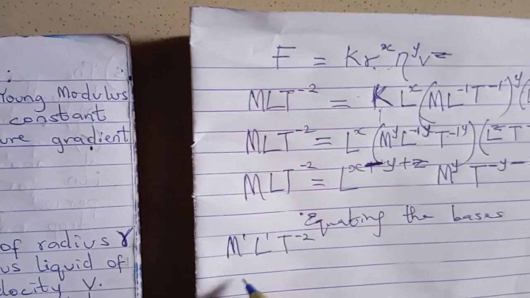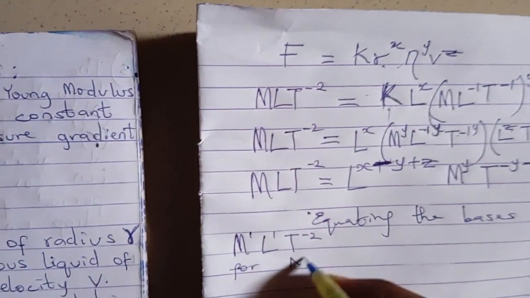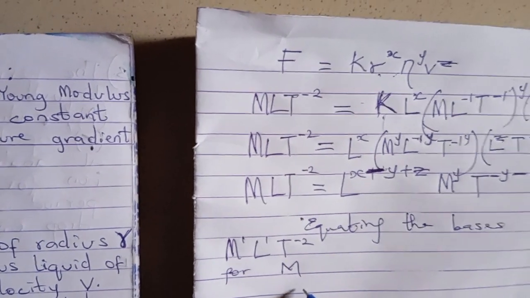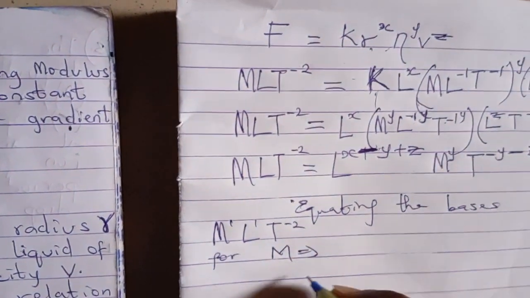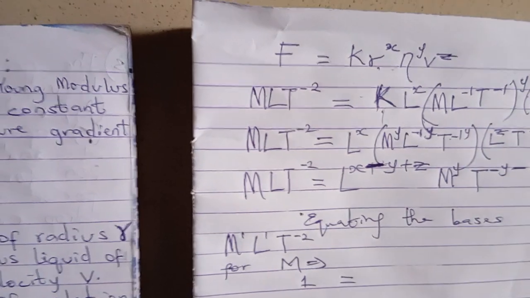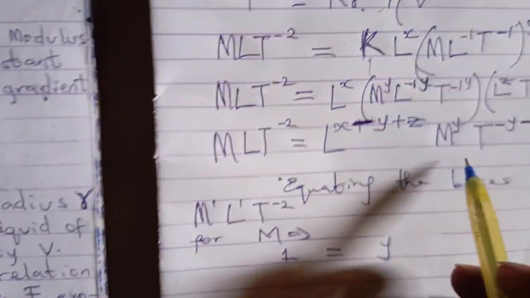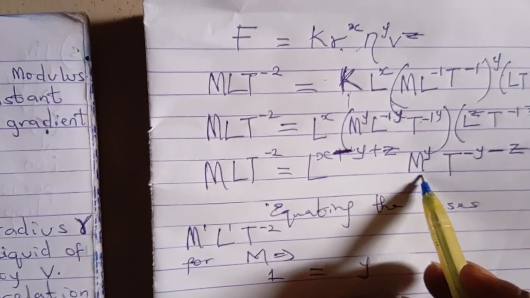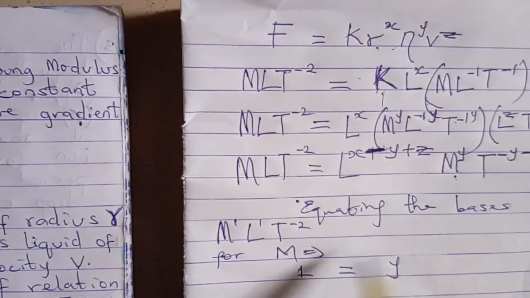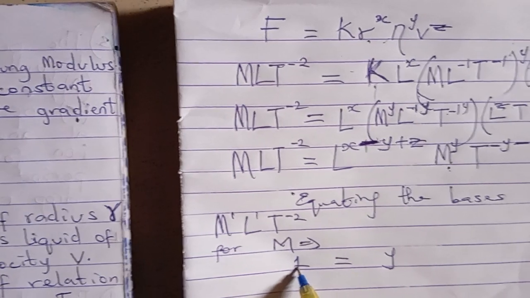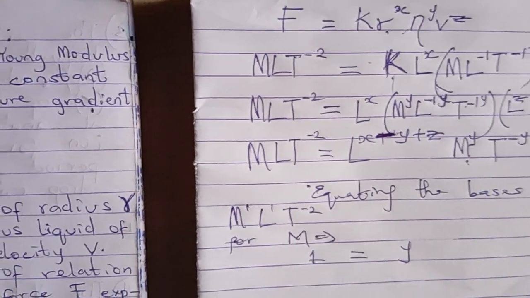So let's equate the bases. For m, on the left hand side you have 1 equals y, because on the right hand side m is carrying y. So we are equating the bases. We have 1 on the left hand side and y on the right hand side.